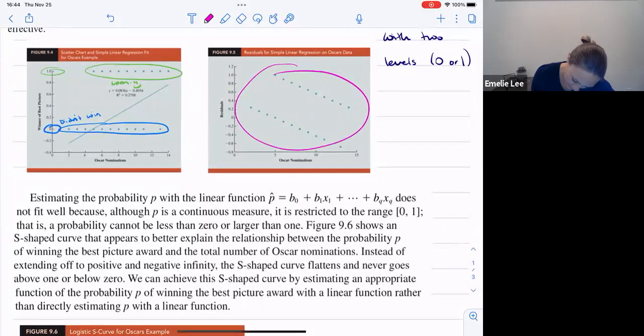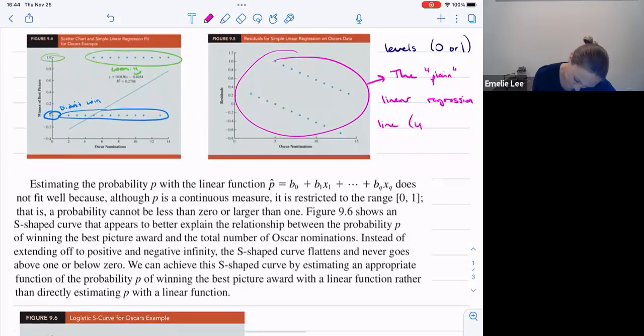So the plain linear regression line, which is y hat is b0 plus b1x, does not fit the data well.